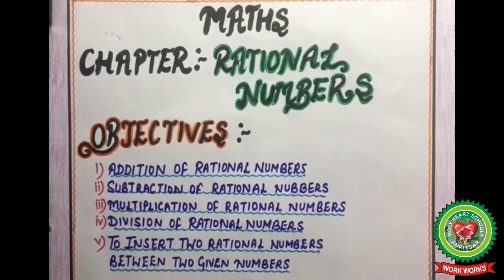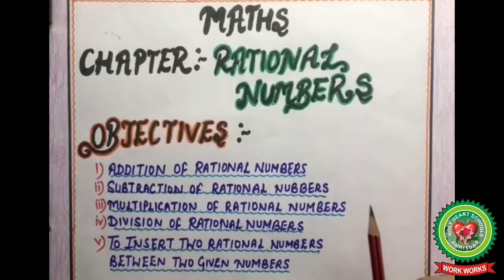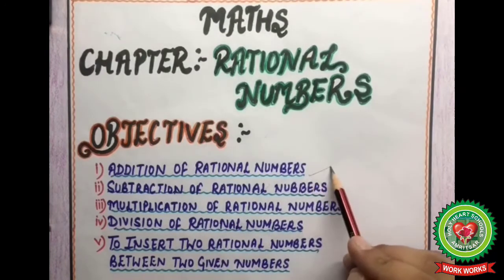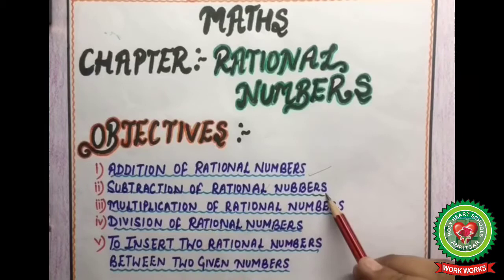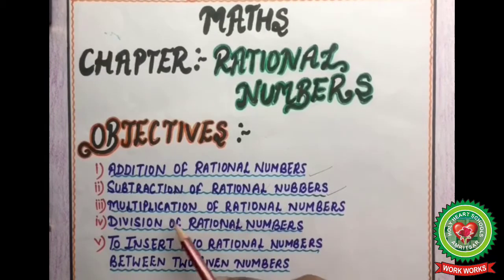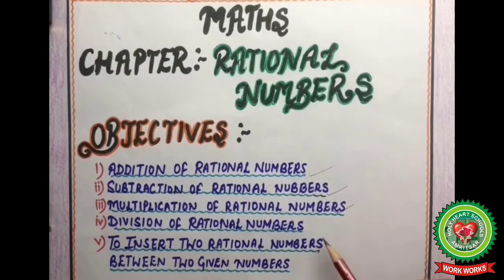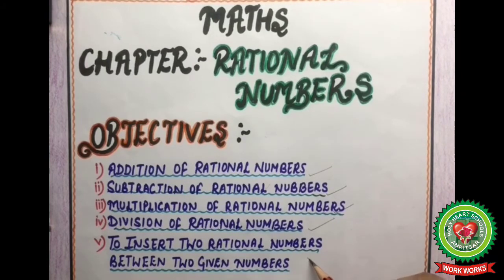Hello students, let us continue with the topic rational numbers. In the previous videos, you have already discussed the addition of rational numbers, subtraction of rational numbers, multiplication of rational numbers, division of rational numbers, and how to insert two rational numbers between two given numbers.